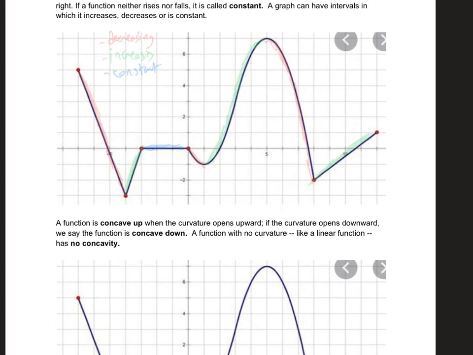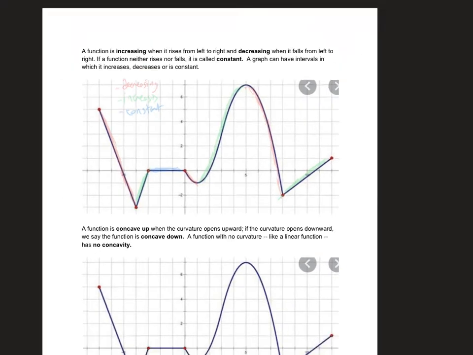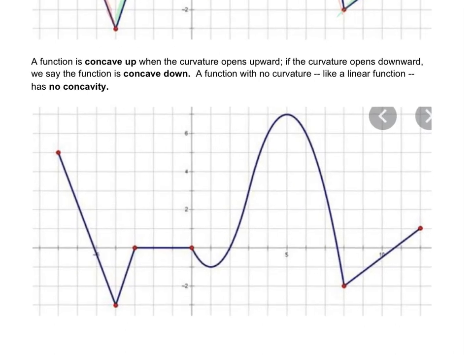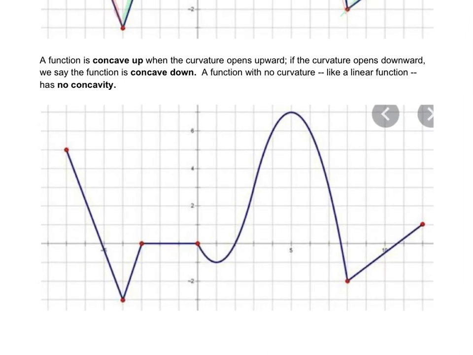So decreasing means falling from left to right, increasing means rising from left to right, constant means staying the same. Now, concavity has to do with which way the curvature is actually going. Concave down is like a frown, so if you drew it like this, that's concave down. Concave up is like a smile, looks like that. So if you look at this graph, concave up would be right here.